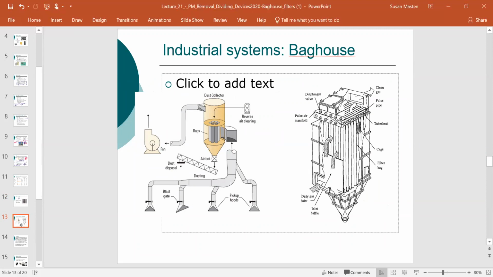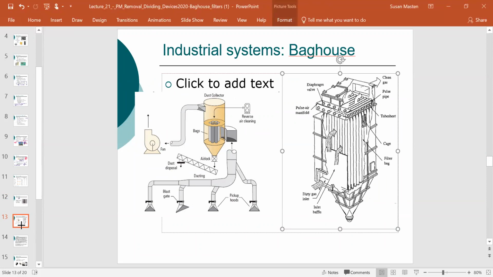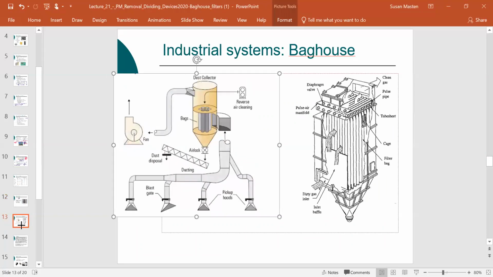These are just two images of baghouse filters.